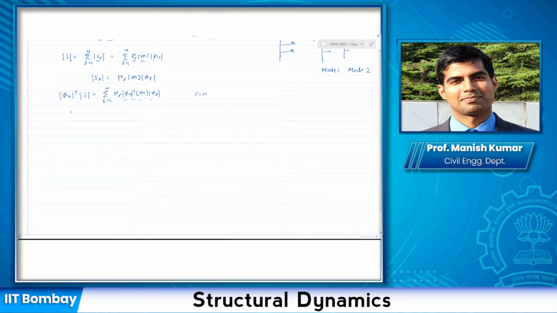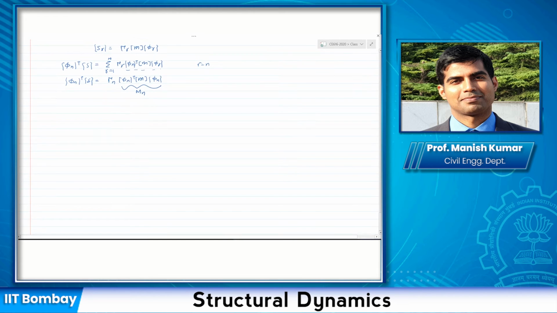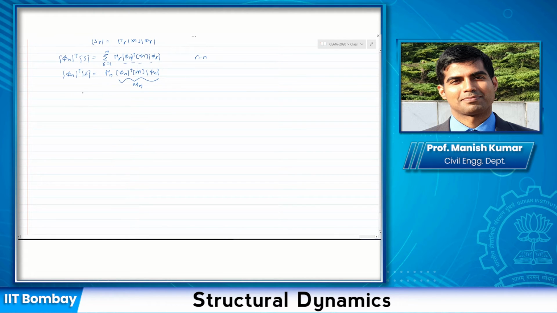So I'm going to write this as phi_n transpose times s is equal to this phi_n transpose mass phi_n, and this is nothing but the diagonalized mass element M_n. So gamma_n can be written as phi_n transpose s divided by M_n.